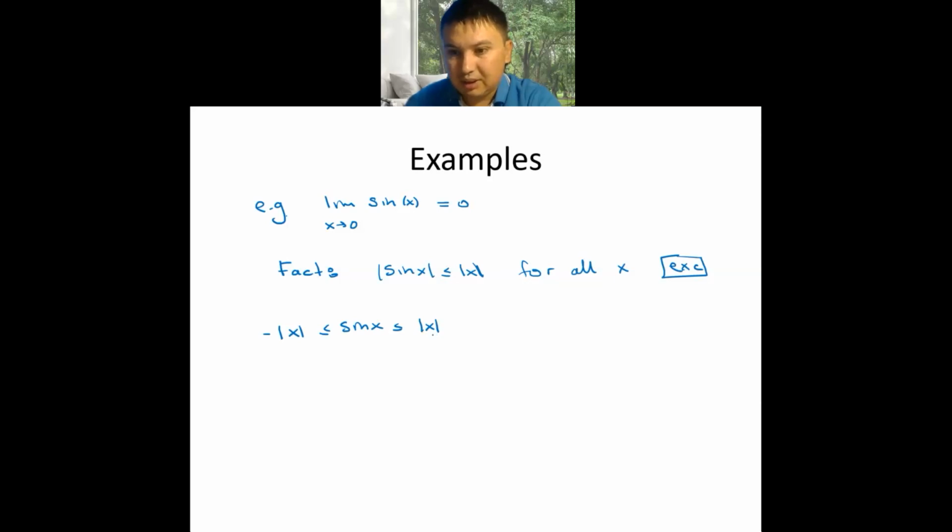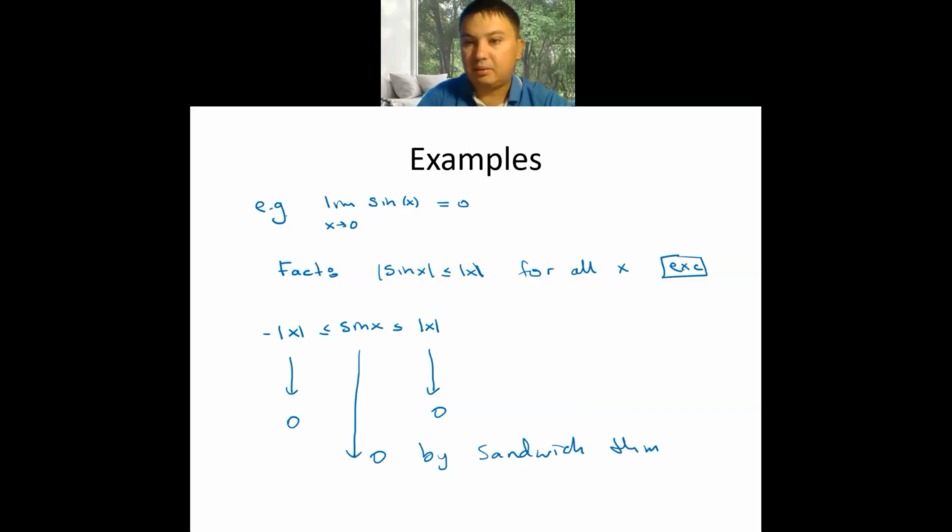It's clear that when x goes to 0, the absolute value of x goes to 0, and minus the absolute value of x also goes to 0. So by the sandwich theorem, sine of x goes to 0. Okay, we'll stop here.